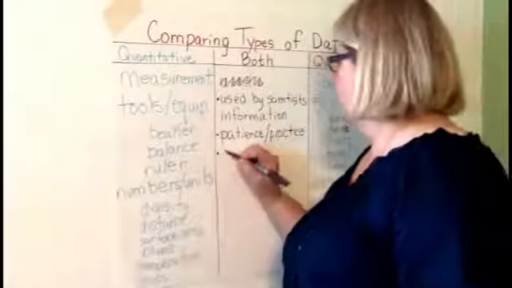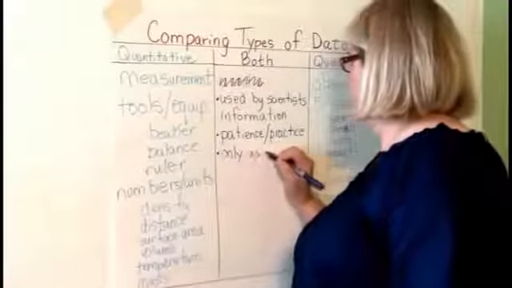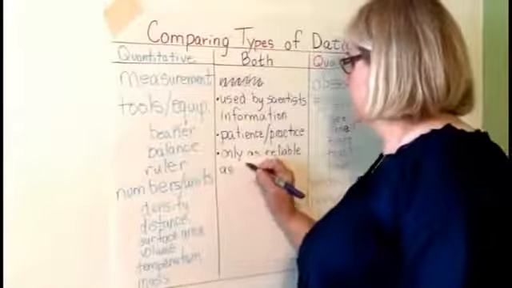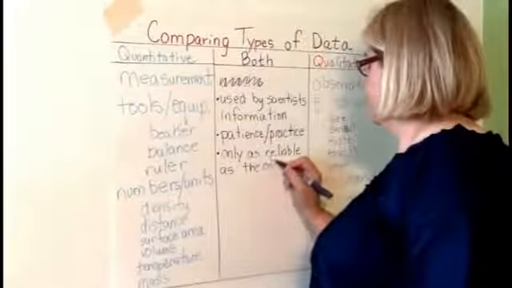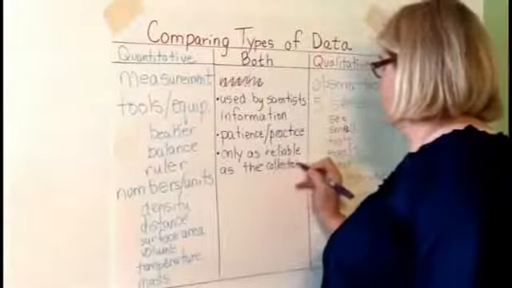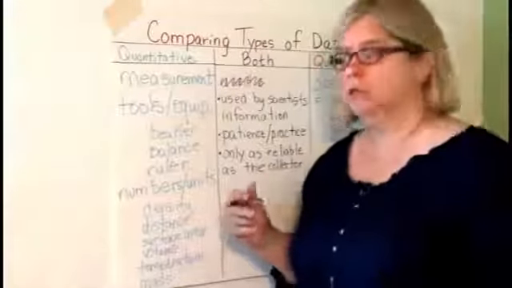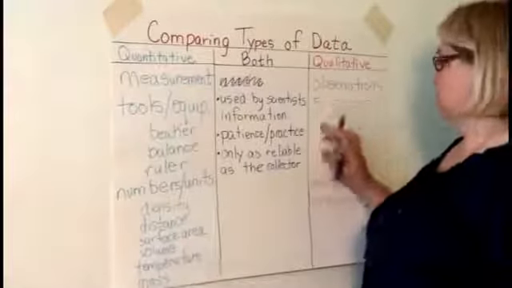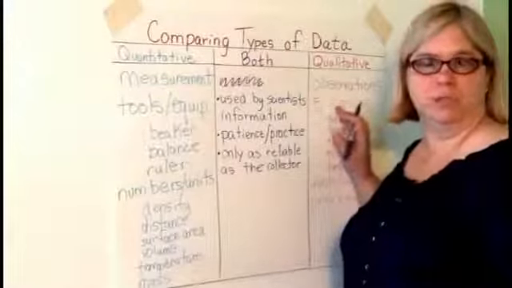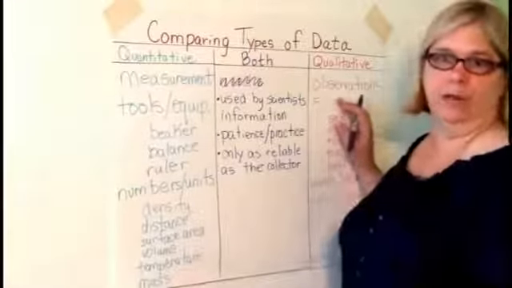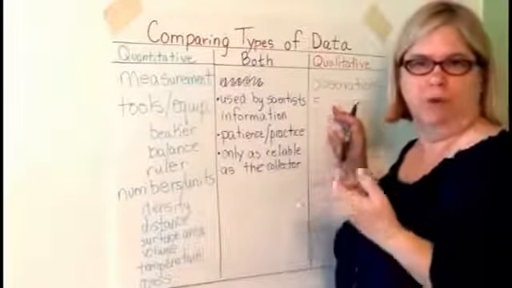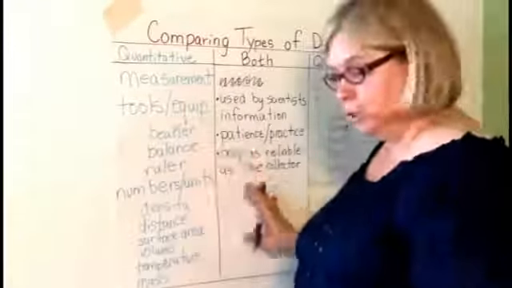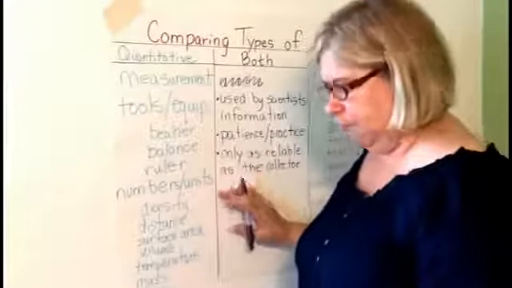Okay, so it's only as reliable as the collector, which is going to be you in a lot of cases. So if you use this piece of equipment inaccurately, or you just use very vague descriptions like, the car is red, rather than a more specific type of red, then it's not going to be super reliable. So it's only as good as the person collecting that data.